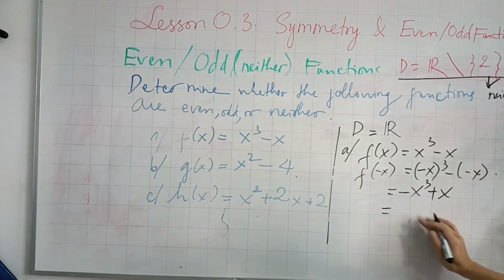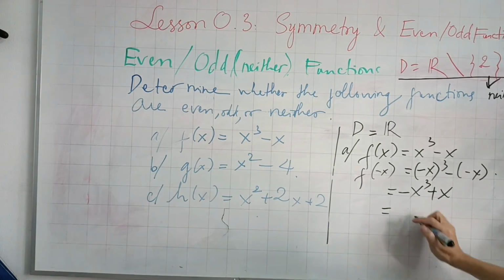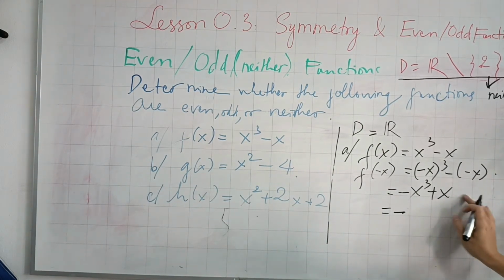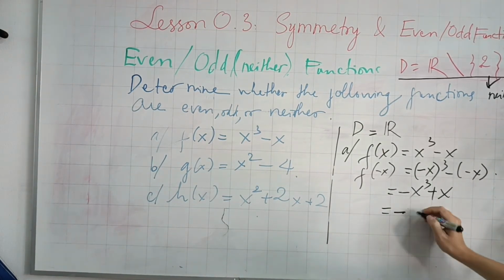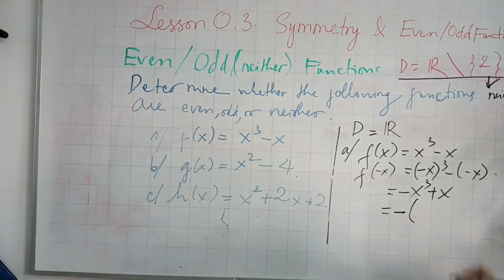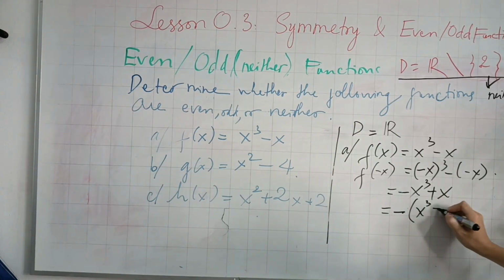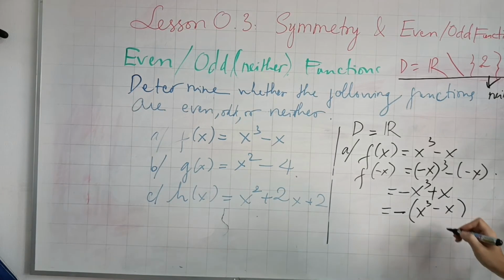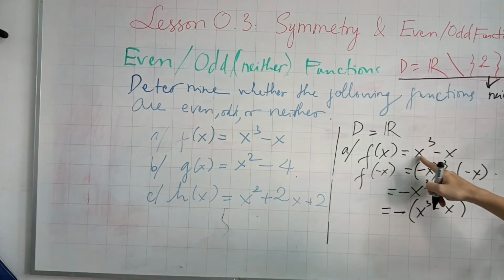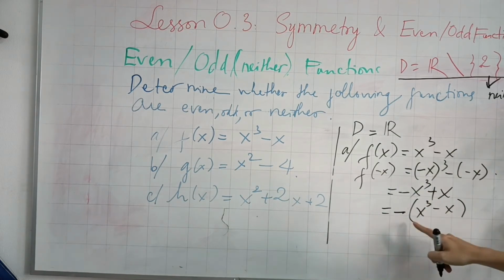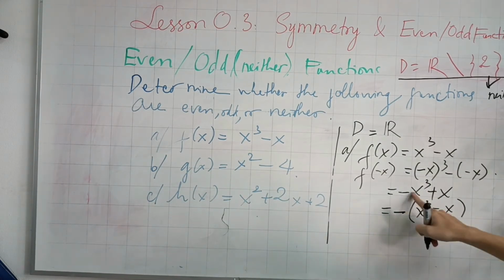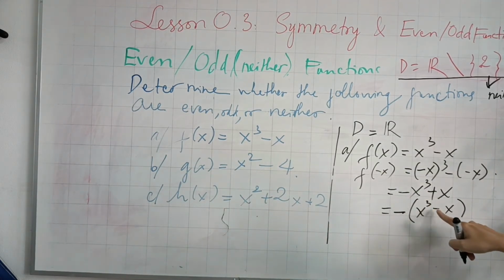So when you factor these expressions by negative, it is x cubed minus x. f(x) is x cubed minus x, and it is negative of x cubed minus x.